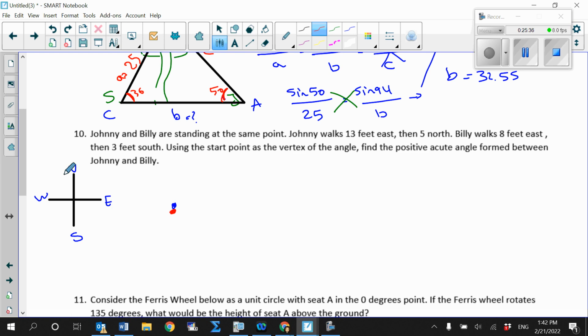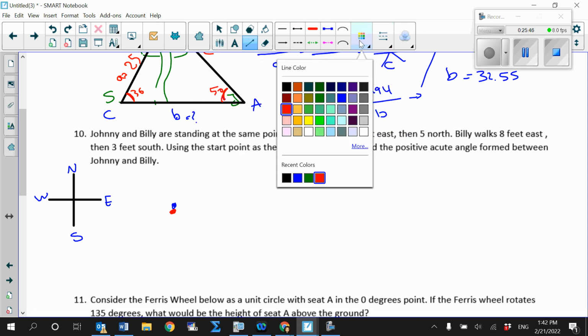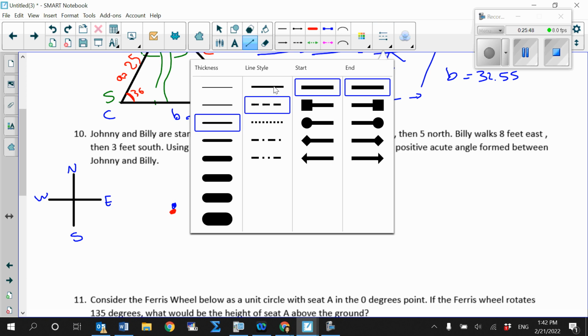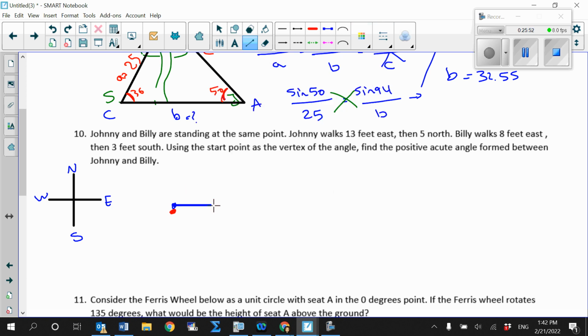Here are the directions: north, south, east, west. Johnny walks 13 feet to the east. So let me draw that for you. 13 feet to the east, and then 5 to the north. So here, 5 to the north. This side is 13, and this is 5.